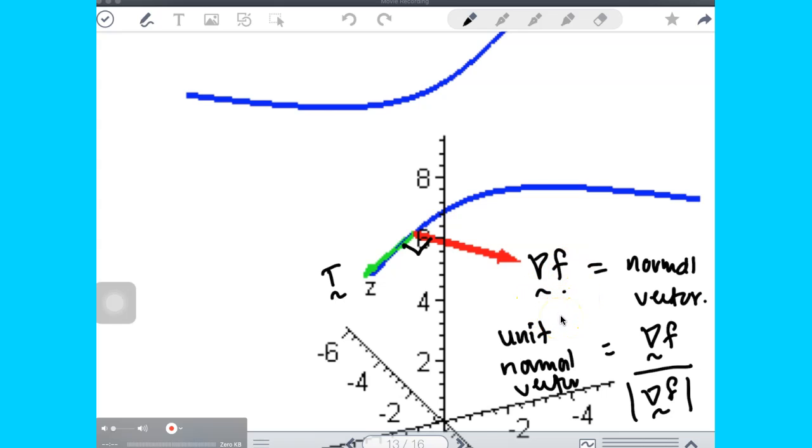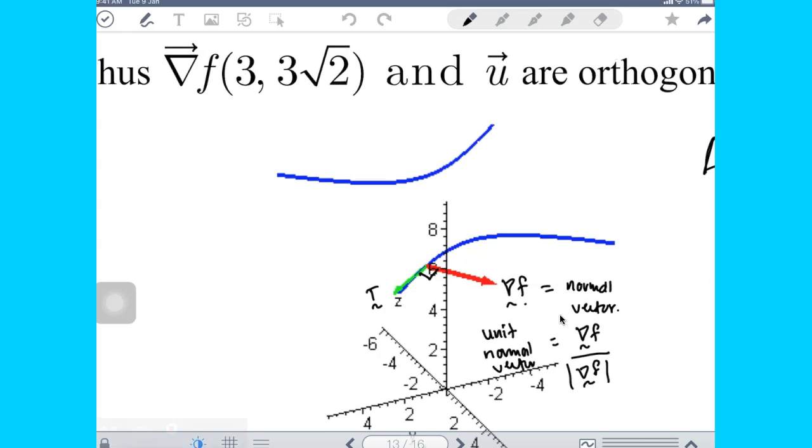We have shown that the directional derivative at this point, in the direction of T, the unit tangent vector, is always equal to 0 because they are always perpendicular. Gradient f itself is a normal vector.